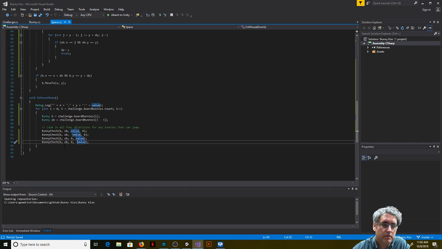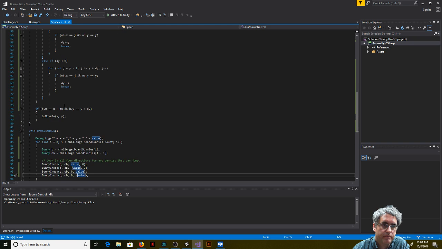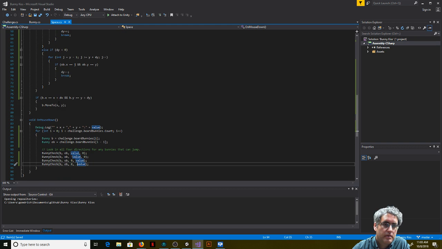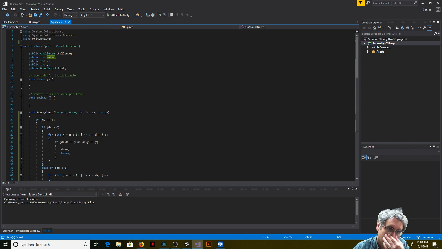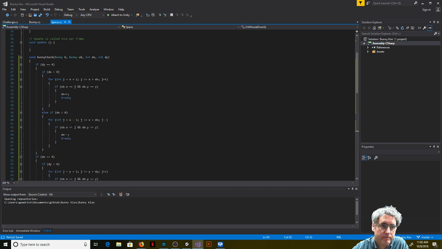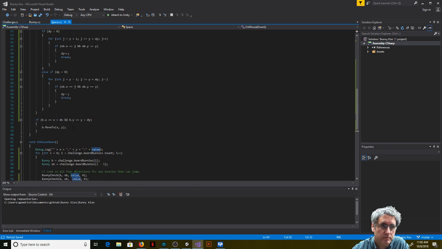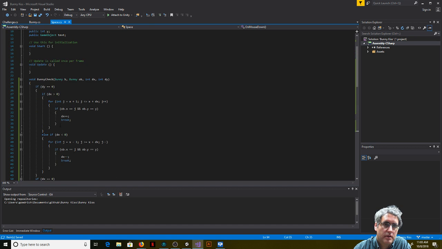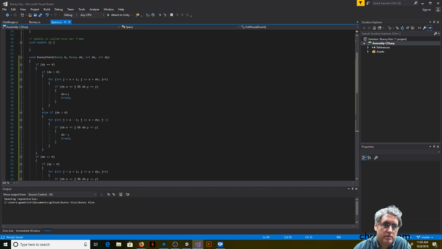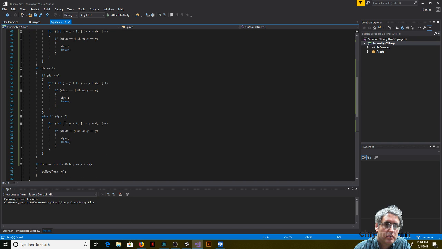You need to check both of them, right? Before we just move them. We have to separate out their check from their move, because now they could both move to the same place. And something else, I screwed up some numbers in here somewhere.